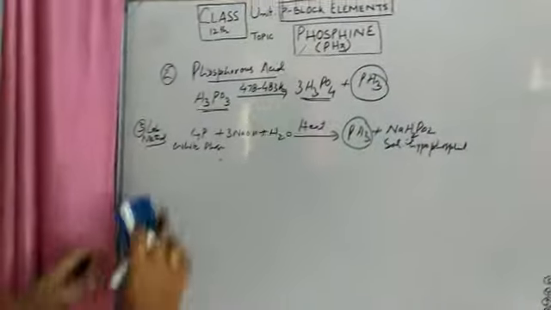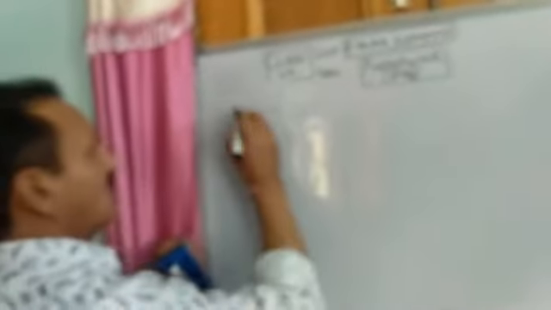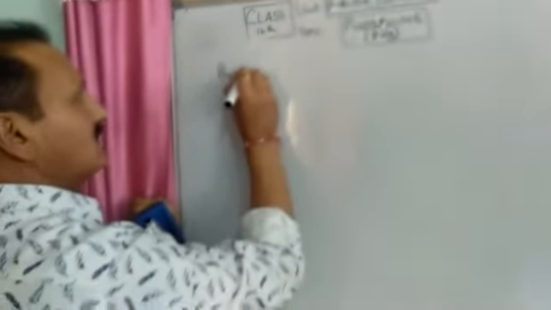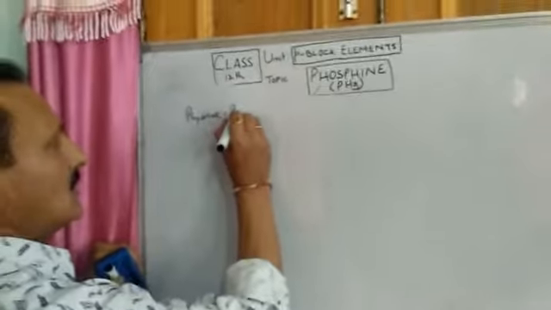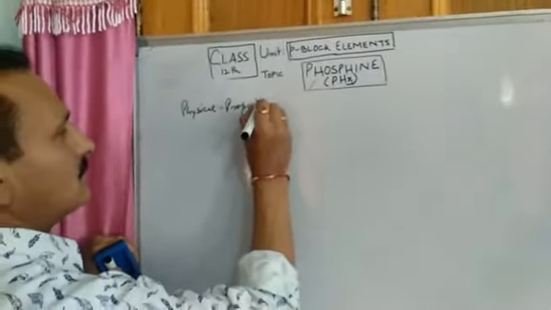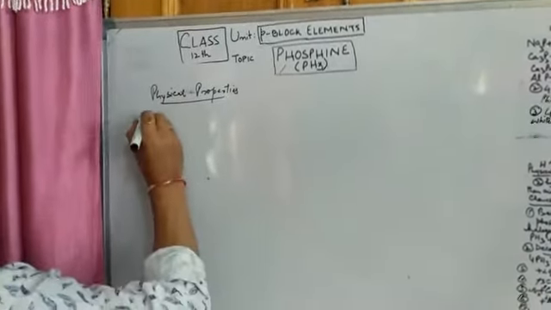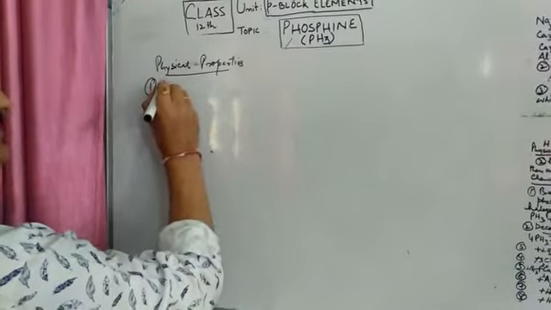So now we can go to the properties of phosphine. First, the physical properties of phosphine. As far as phosphine is concerned, it is basic in nature.